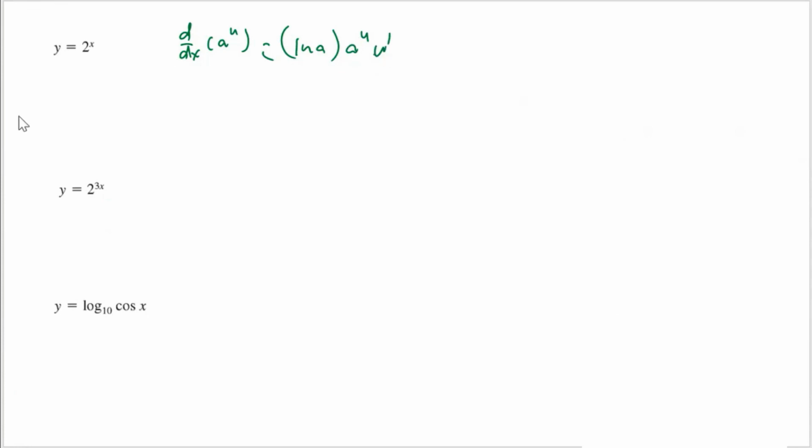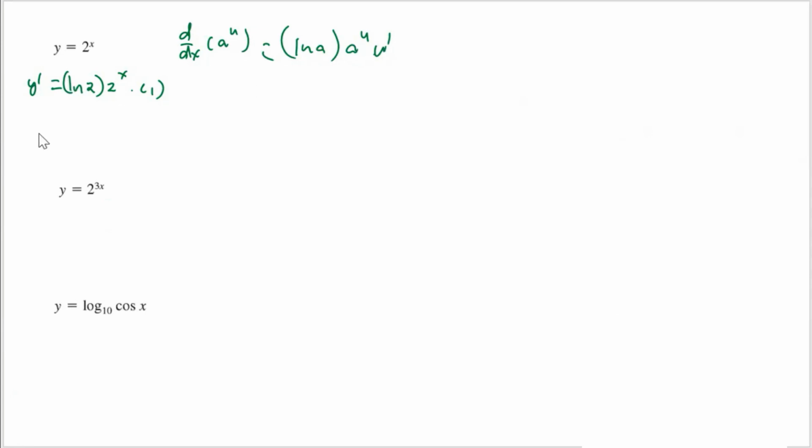So y prime is equal to ln of the base, which is 2, times, copy the given, 2 raised to x, times the derivative of your exponent, because u here is the exponent in our formula, and the derivative of x is just equal to 1. So 1 there is equivalent to u prime in that formula.